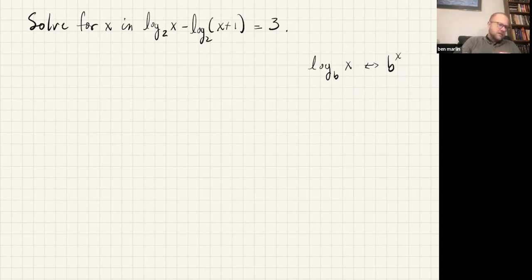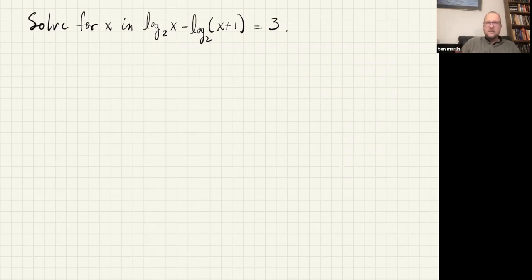So oftentimes, you'll read a textbook that talks about something like this, and they'll make the point that this can be rewritten as saying that b to the y is equal to x there, okay? The main big thing for you to think about, though, is that logarithms and exponentials of the same base will undo each other.